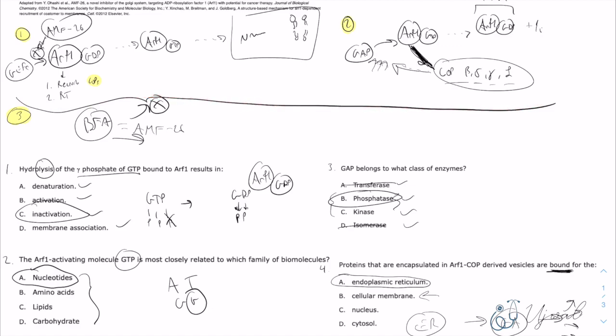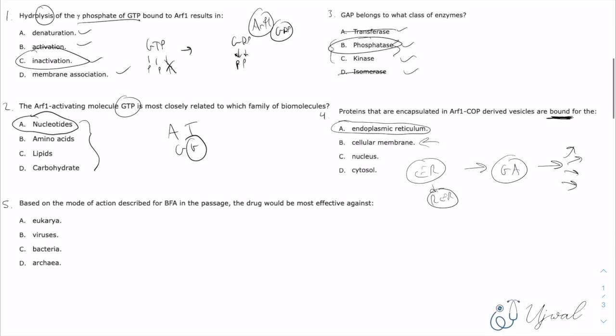And so what is that process? It's the process of vesicle formation, and it's essentially talking about how this is going to happen through the Golgi apparatus, and specifically BFA is going to disrupt that process.